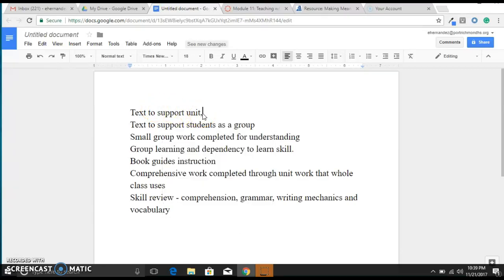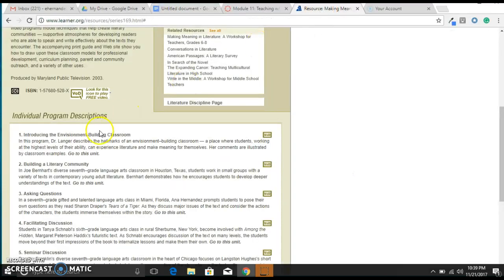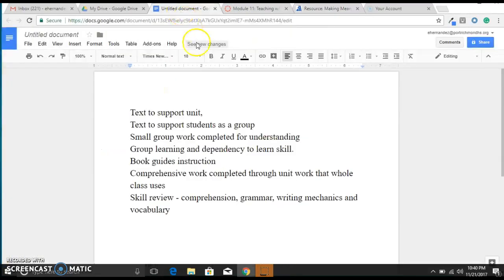Now, when watching the videos, I saw the video asking questions where students are reading Sharon Draper's Tears of a Tiger. So already right off the bat, I noted that students are following these 5 stages of the reading process by actually reading. So I'm sure that there was preliminary work.